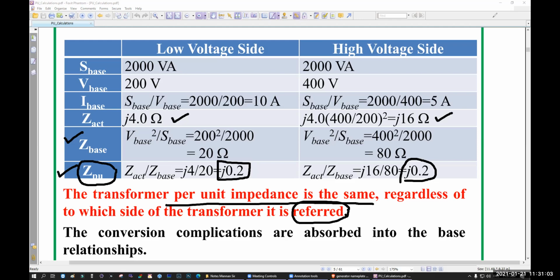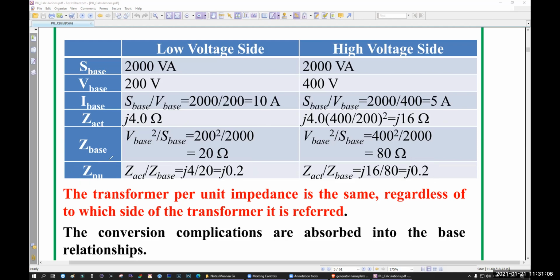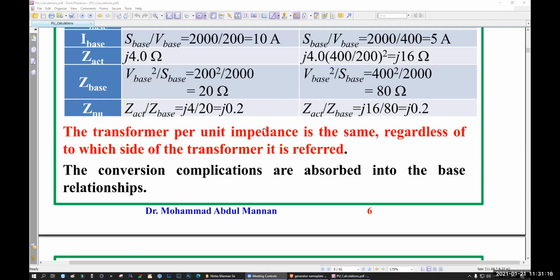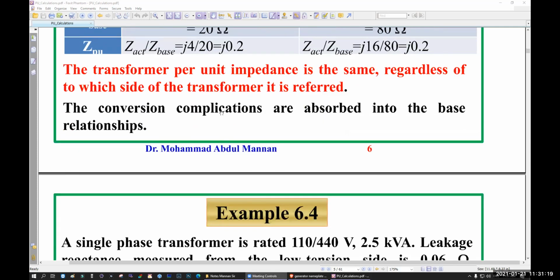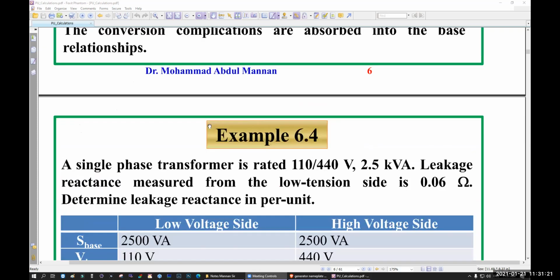Always remember, if I give you Z per unit 0.2 on the low voltage side, you can use that same value on the high voltage side. You do not have to convert that. Understood? If it is per unit. This will save you from calculation.